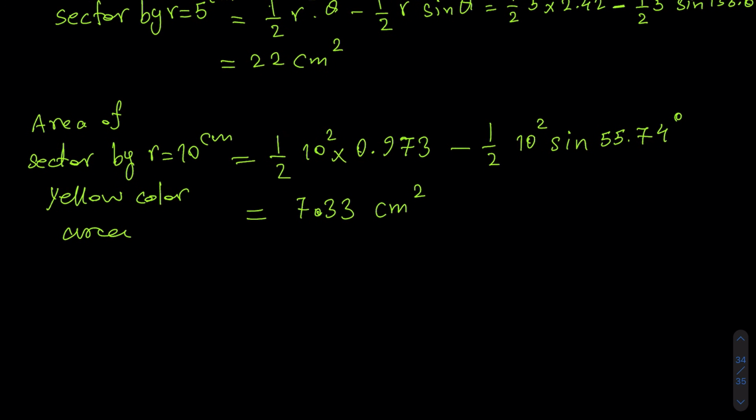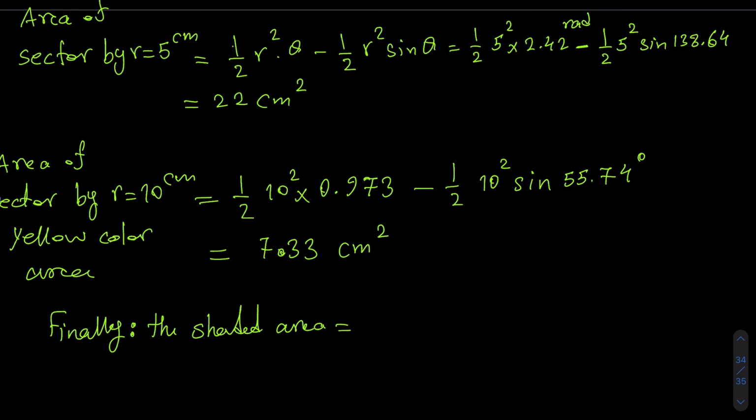So therefore I can finally write the shaded area is equal to 22 square centimeters minus, we need to deduct the yellow one, 7.33 square centimeters, which will be equal to 14.67 square centimeters.